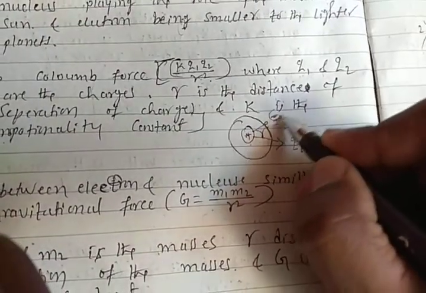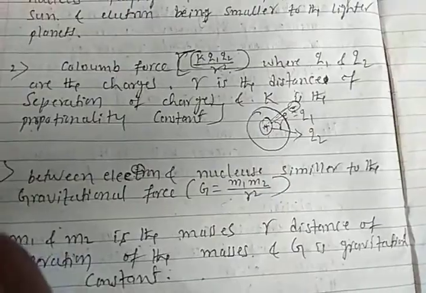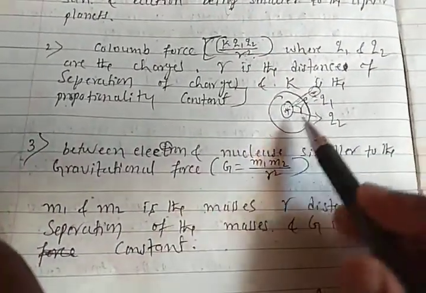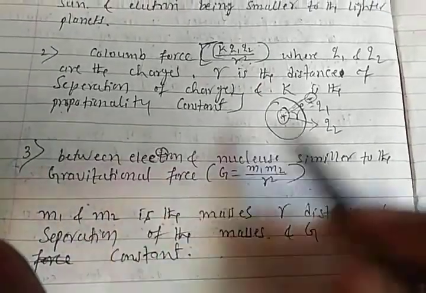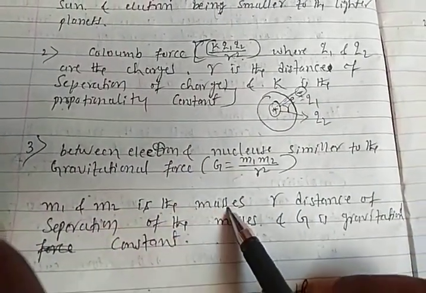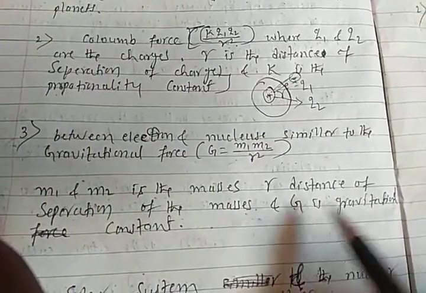It means the electrons show attraction through a kind of gravitational force, because the electron has mass and the proton has mass. The masses are M1 and M2, the separation is R, and G is the gravitational constant.